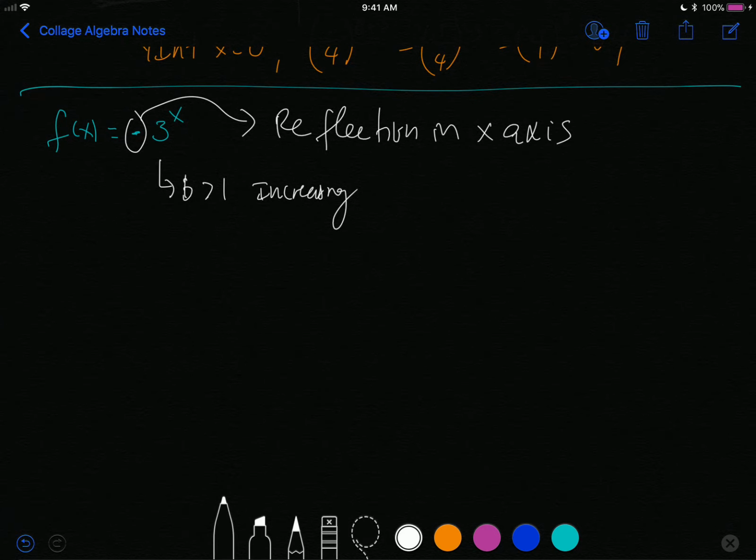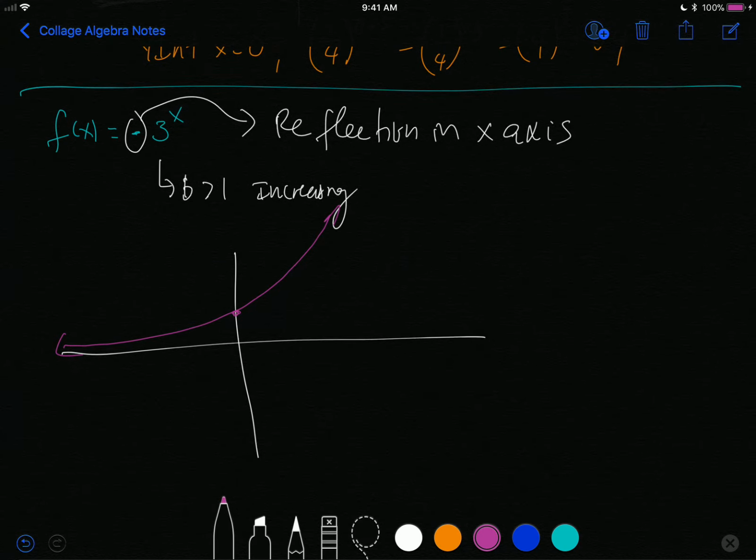This would basically make the graph upside down. So, to my graphing utility. I have an increasing function, so it will look something like this. And I know that this point right here is (0, 1).